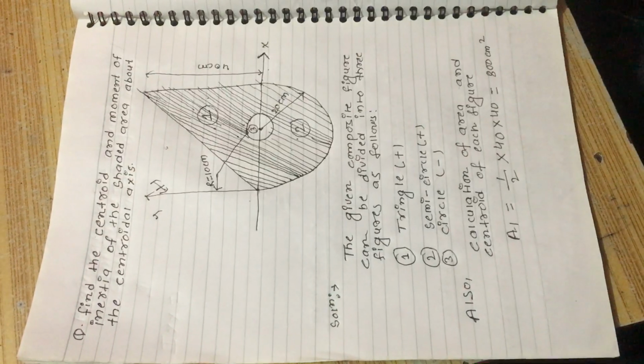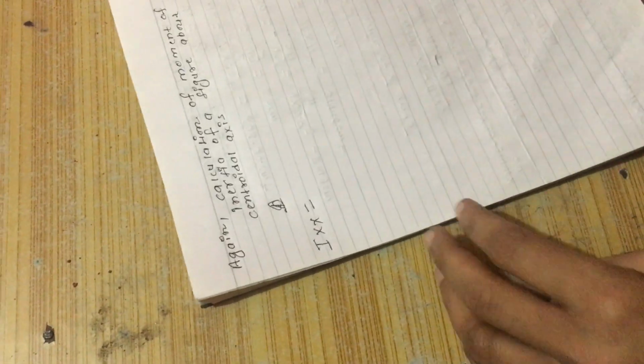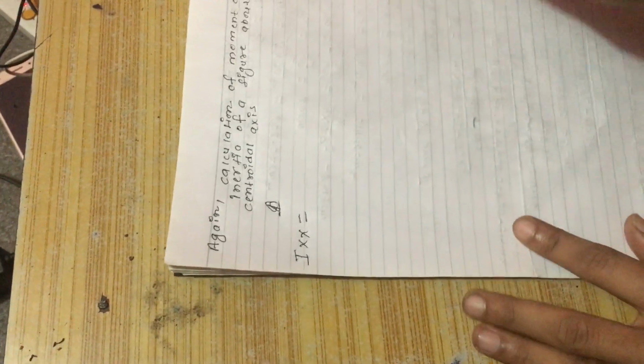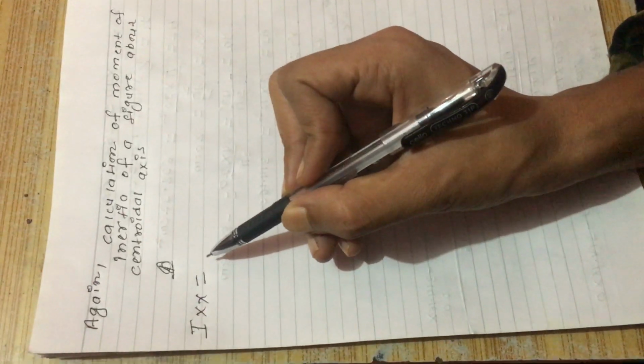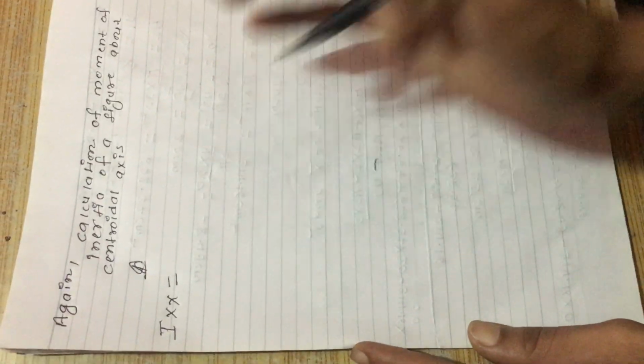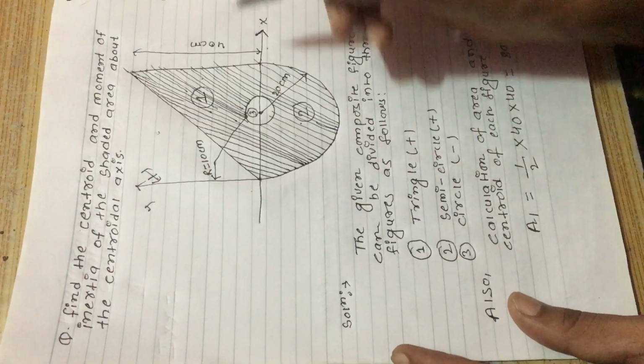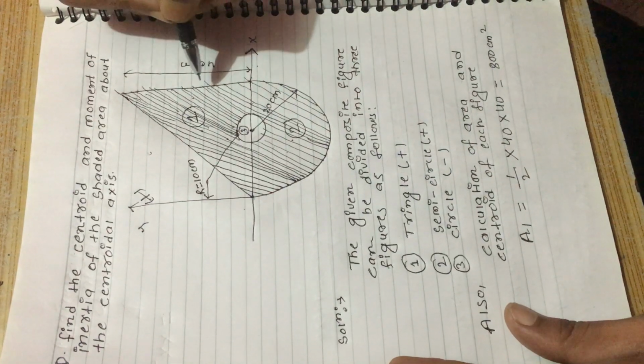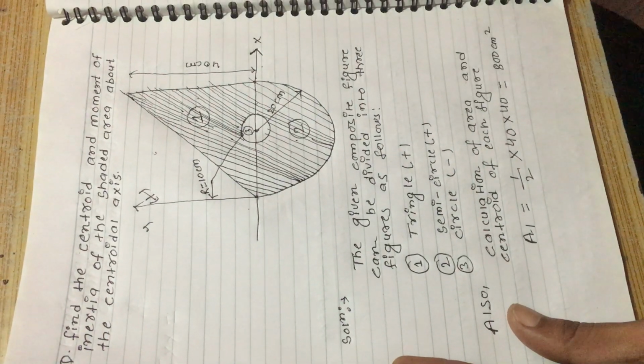Let us analyze step by step. This is a right angle triangle. The moment of inertia of a right angle triangle about centroidal axis is BH cube by 36. Here in the figure we can see B and H. B is 40 and H is 40.